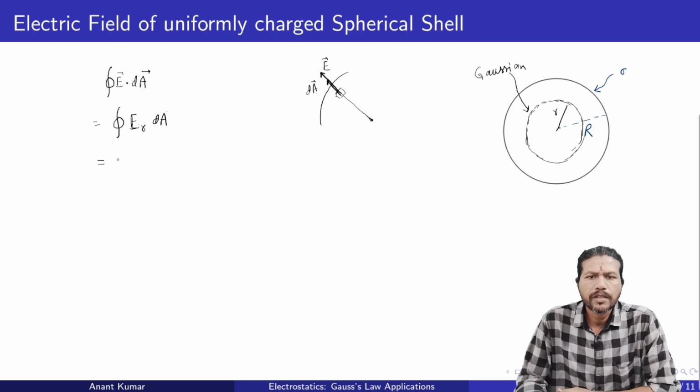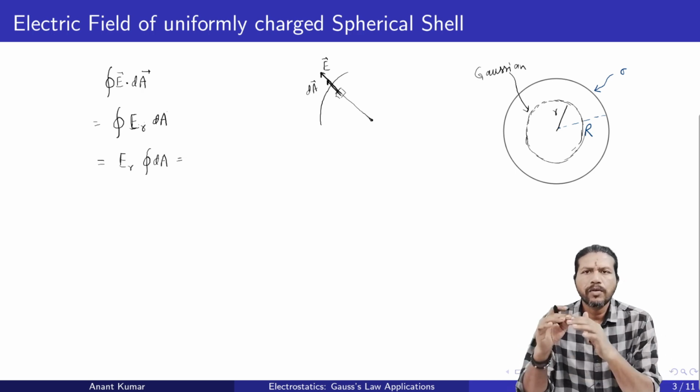Therefore, I can pull this E_r out of the integration, and what we are left with is the integral of dA, which asks us to add all the little areas dA in magnitudes.